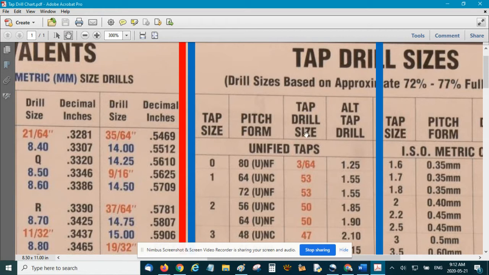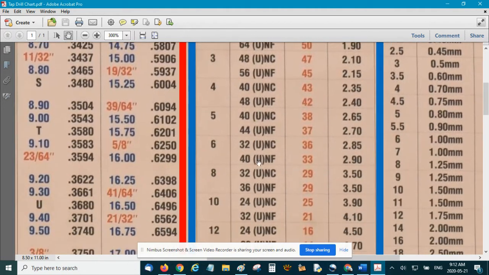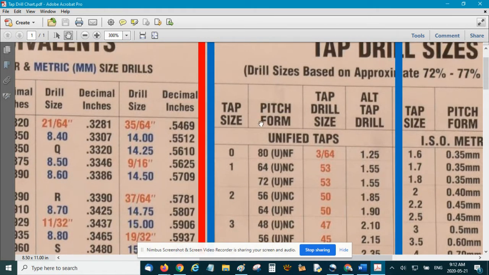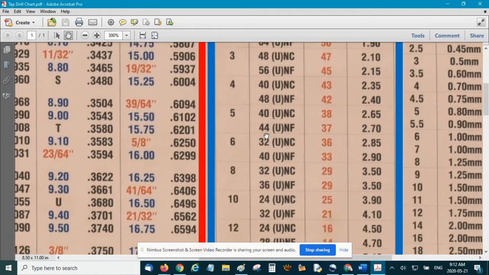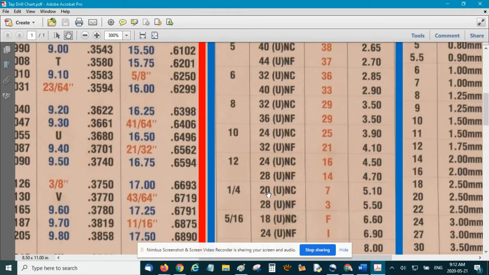And maybe in the third video I want to talk about the tap drill size and this alternate tap drill size. Down the first two columns, they call it the tap size, or what I'm going to call the thread size. And the pitch is something I already talked about in the video from my workbench.